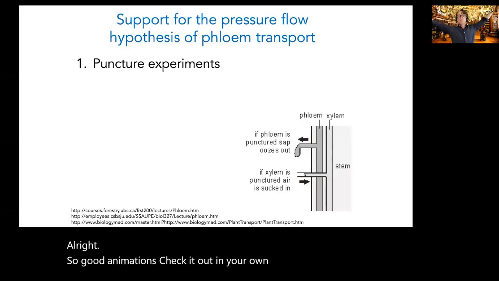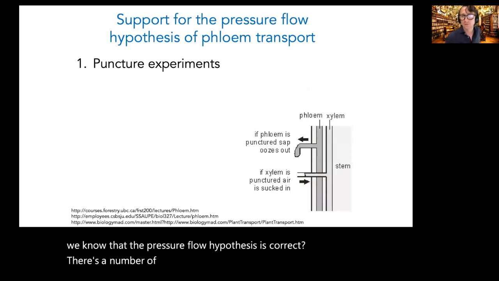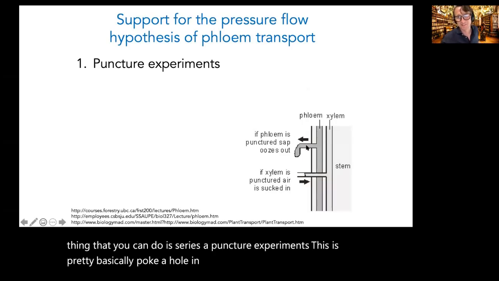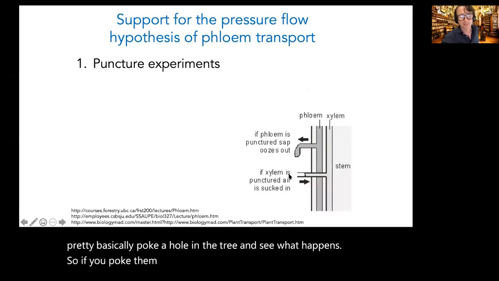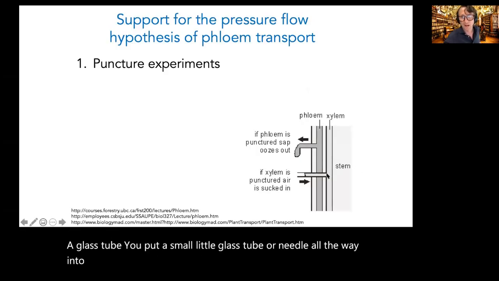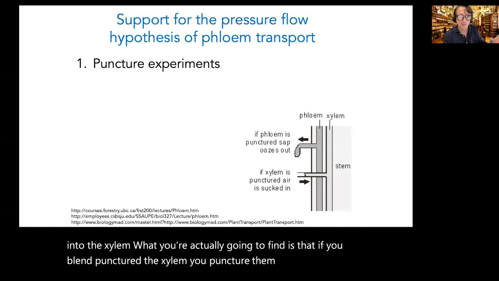Now, how do we know that the pressure flow hypothesis is correct? Well, there's a number of different experiments that you can do. One thing that you can do is a series of puncture experiments. This is basically poking a hole in the tree and seeing what happens. If you put a small glass tube or needle all the way into the xylem, you puncture that negative water potential, that suction.